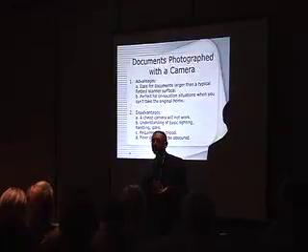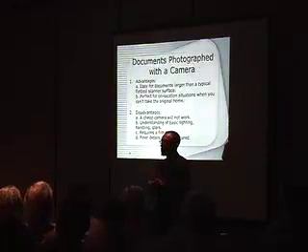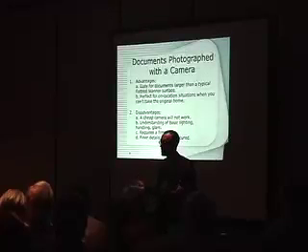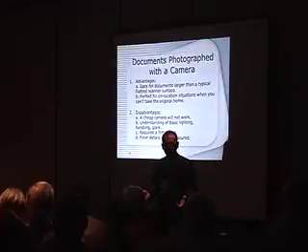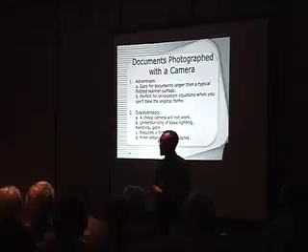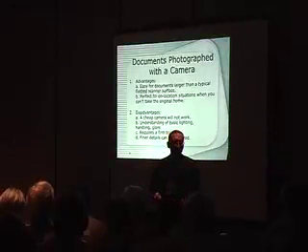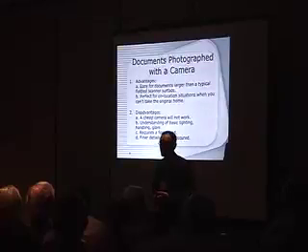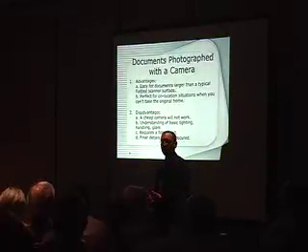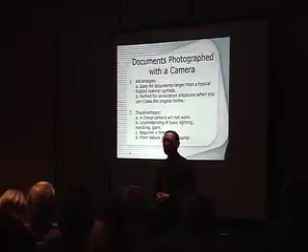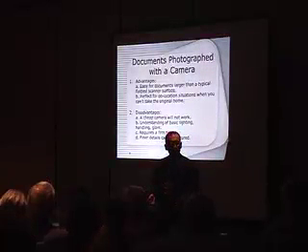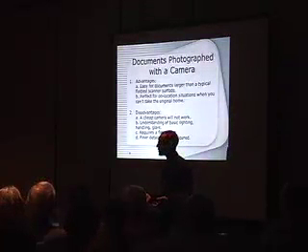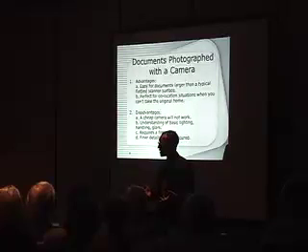Now, when you're photographing documents with a camera, it's easy for documents that are larger than a flatbed surface, as we discussed, and it's perfect for on-location situations. So you're at the museum, you're at an archive, you're at someone else's house. Bring a camera, bring your tripod, make sure it's got a lot of resolution, turn off the filters, and you probably won't need a flash, especially if it's on a tripod.